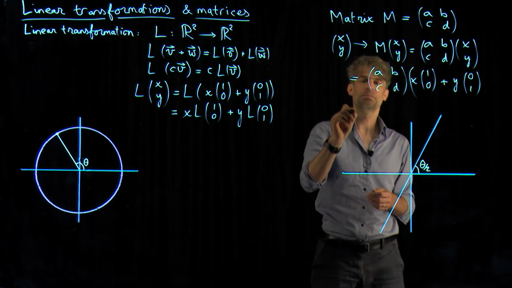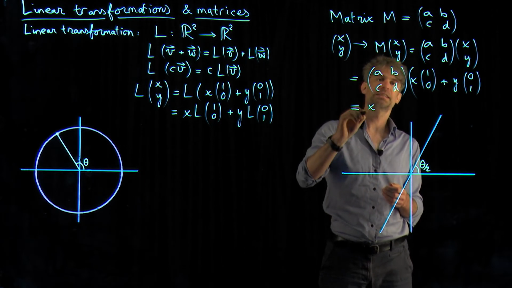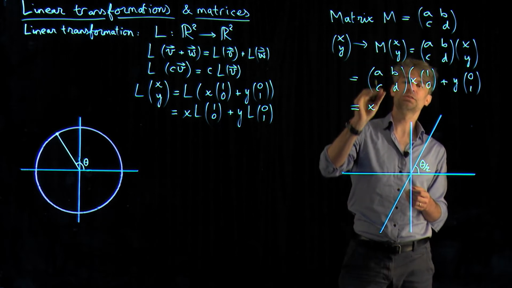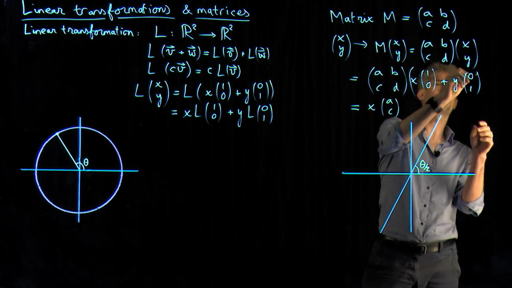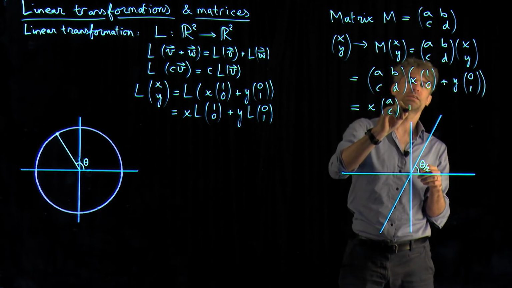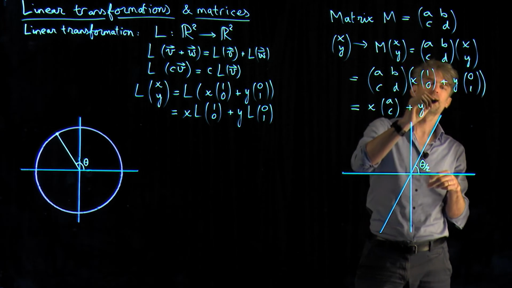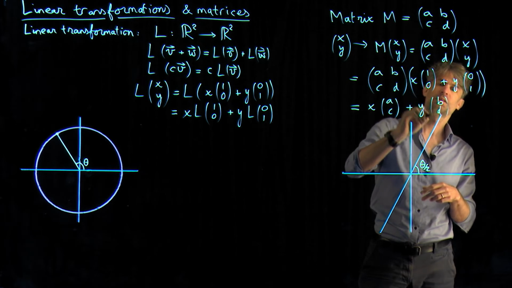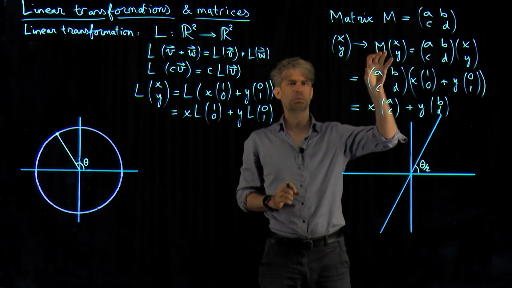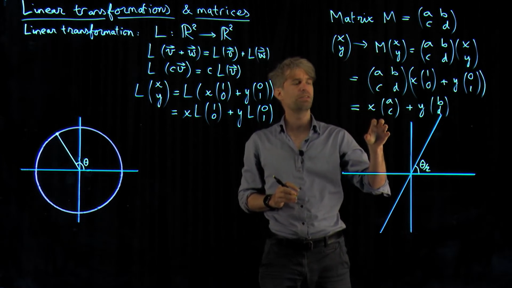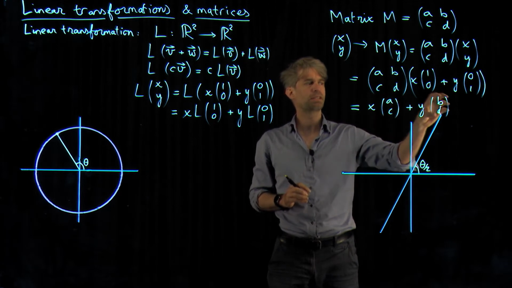And then, using linearity of matrix multiplication, you get that it's x times, and this one selects the first column, A, C, and that one, I missed out one bracket, is y times, and this vector selects the second column, B, D. So similarly, this matrix multiplication as a linear transformation is fixed if you know the first column and the second column.